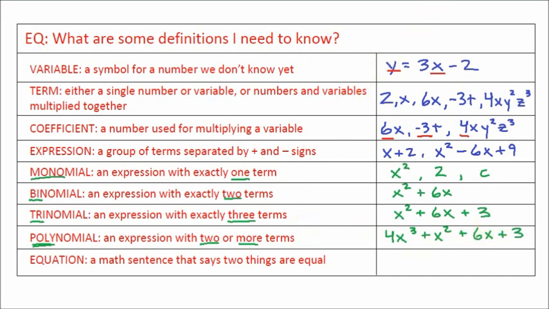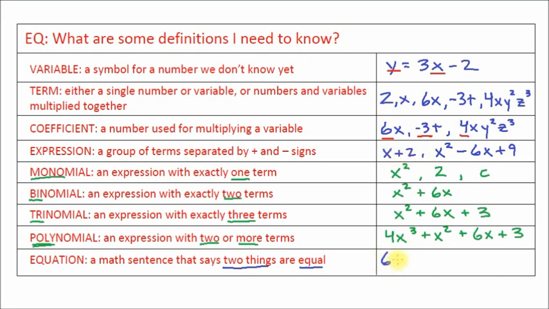And then the last thing. What's an equation? An equation is a math sentence that says that 2 things are equal. 2 things are equal, and here's the key. An equation always has an equal sign. In fact, it's going to have 2 expressions that equal each other. So here's an example of that.